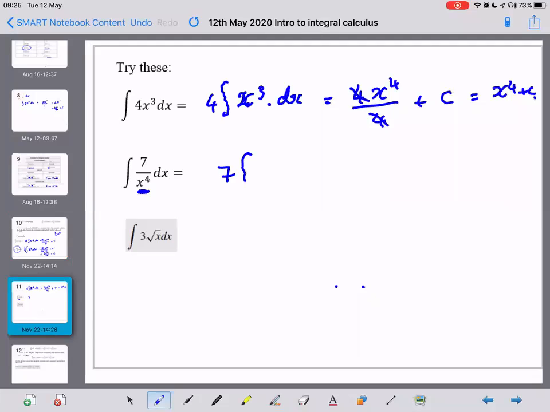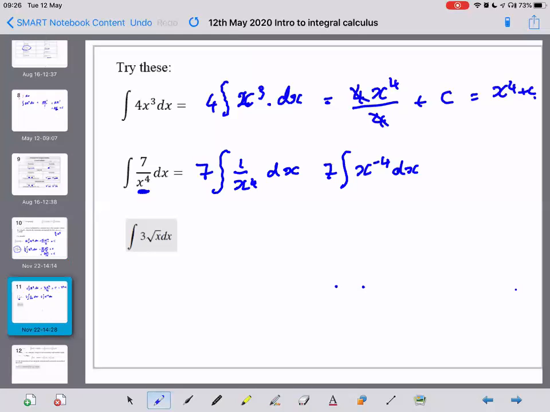Integral of 1 over x to the 4 dx. But we have to write that as 7 times the integral of x to the minus 4 dx. I have to bring that up top of the fraction, remember.